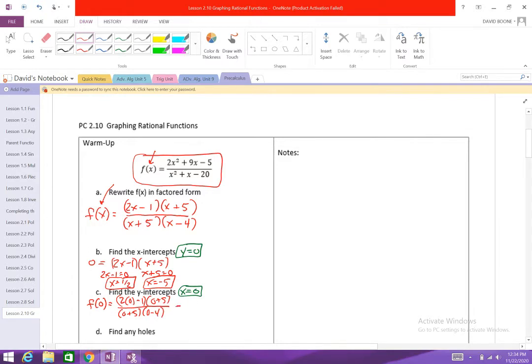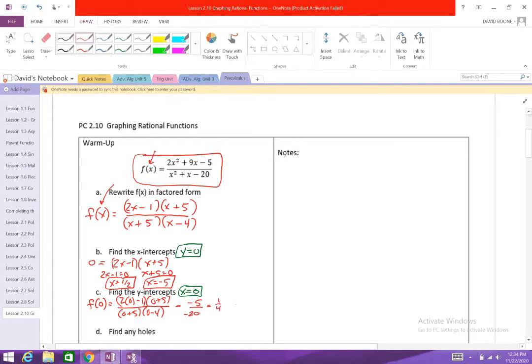As we see, this would be -1 on the top times a +5, so that'd be a -5. And on the bottom here, we've got 5 times a -4, which would be a -20. And then negative divided by negative is a positive, so this would be 1/4.